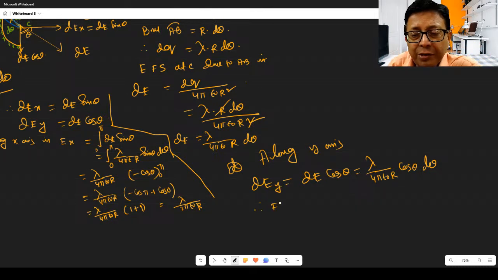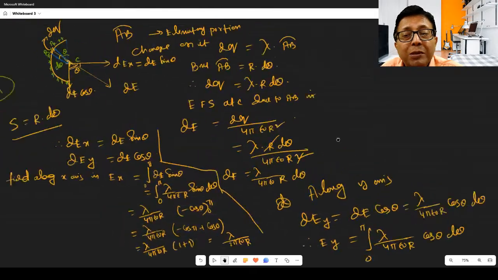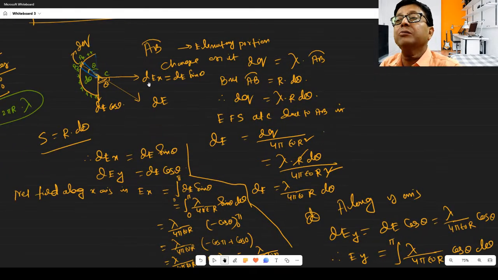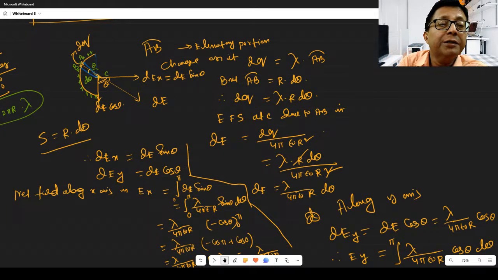So Ey will be integration of this, from where to where? Again, I have to cover the whole semicircular ring, so the radius vector has to be rotated from this position to this position.